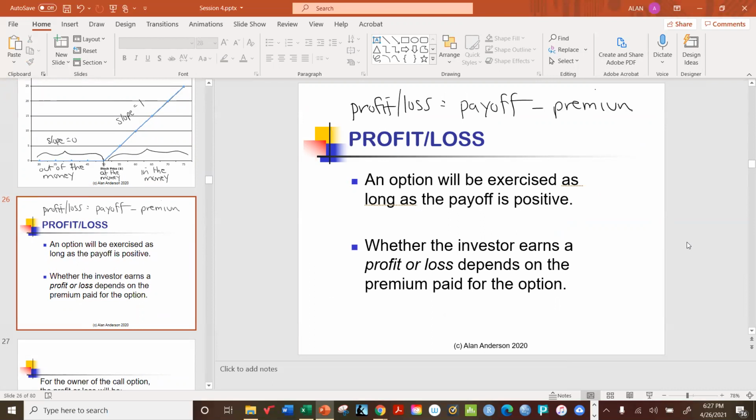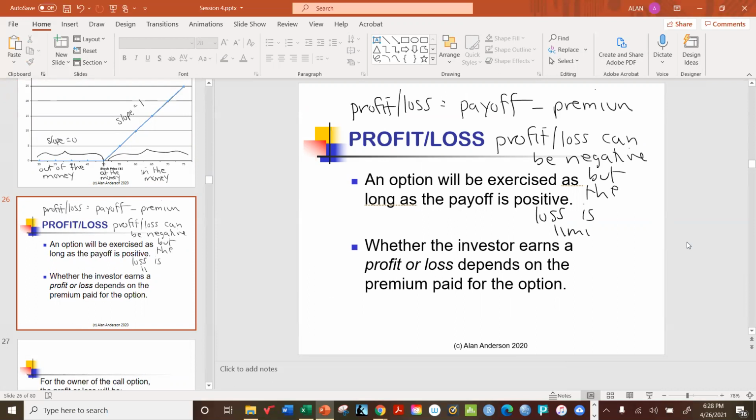So what this means then is that the profit or loss can be negative, whereas the payoff cannot be negative. But the loss is limited to the option premium.